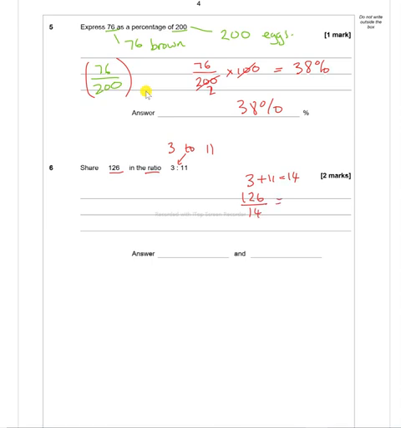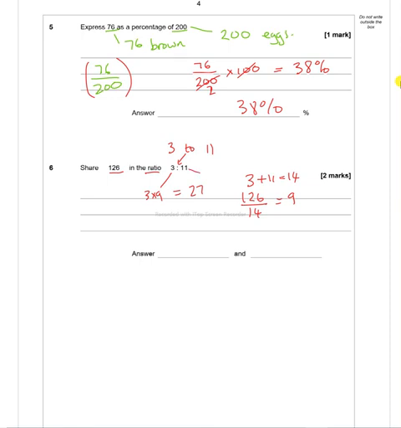And what do you get? Let's have a look. 126 divided by 14 is 9. So we know each part is 9. So this has got 3 parts, so it'll be 3 times 9. And 9, 18, 27.